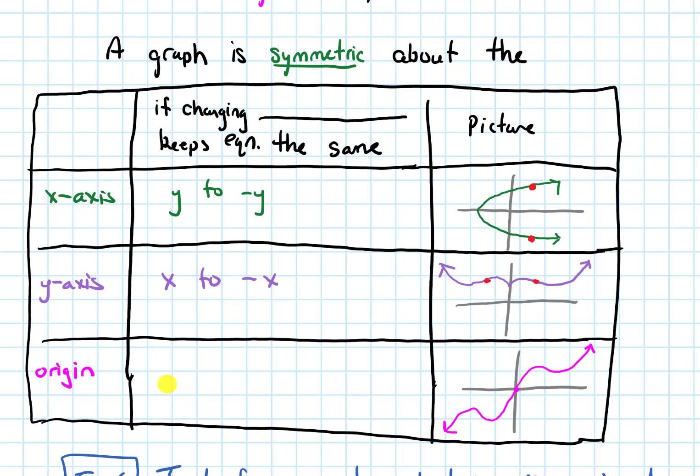To test for symmetry through the origin, if I look at 2 mirror image points, like a point here and a point there, both of those coordinates' signs have to change. So now, changing x to -x and changing y to -y will need to keep the equation the same.